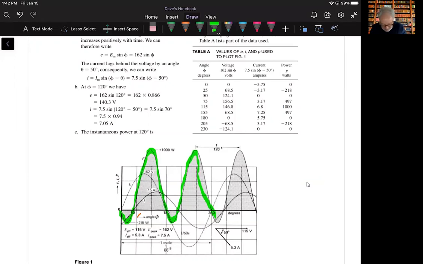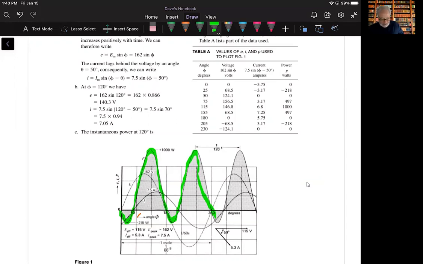A couple of points: pick a couple of these out, and you can see that the voltage at 180 is 0. So 0 times anything is going to be 0. At that point there's no voltage, and therefore there is no power.